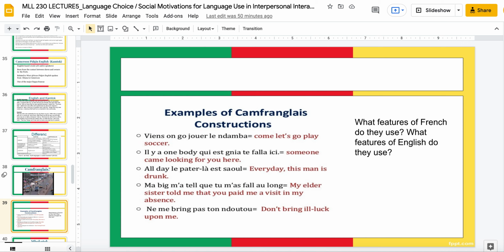They're using French grammar, French syntax, but you can kind of see that they are able to use a little bit of English, right? So they say go, right? They say body. They say all day. My big, okay, means my elder sister, my big sister. Ne me bring pas ton dutu, don't bring ill luck upon me.